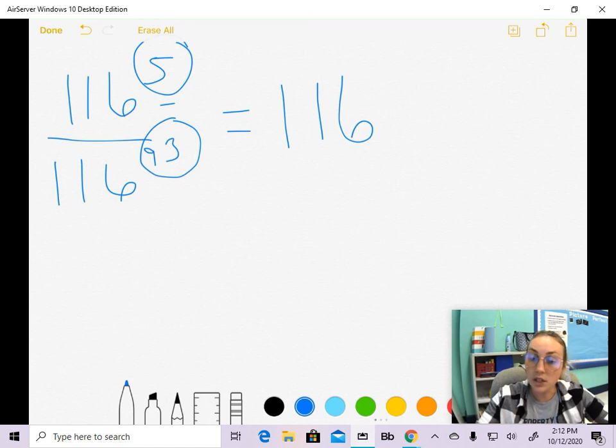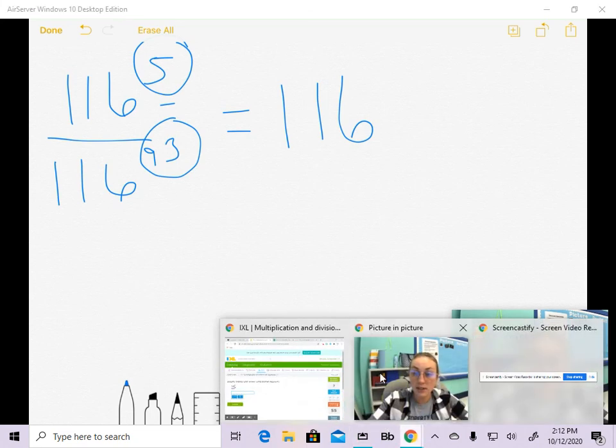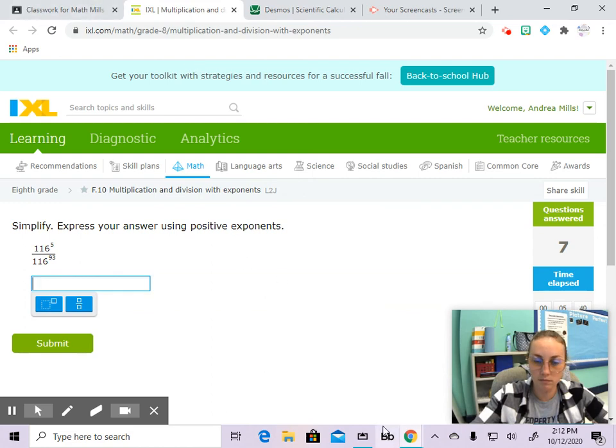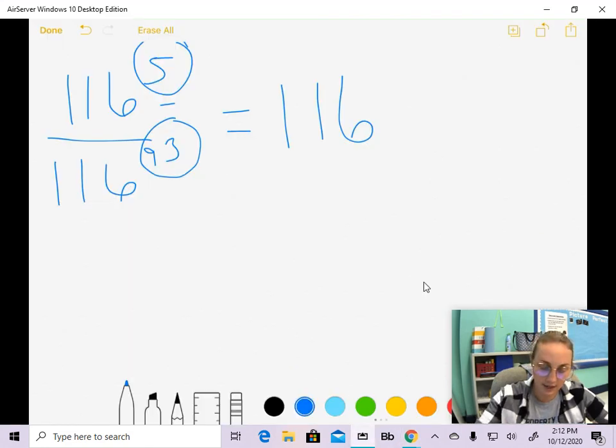Again, when it's division, you subtract the exponents, and this is going to be the same as 5 minus 93. Again, guys, if you have your Desmos calculator handy, you can just type this in real quick, and it doesn't take any problem at all. Our exponent is going to be negative 88.